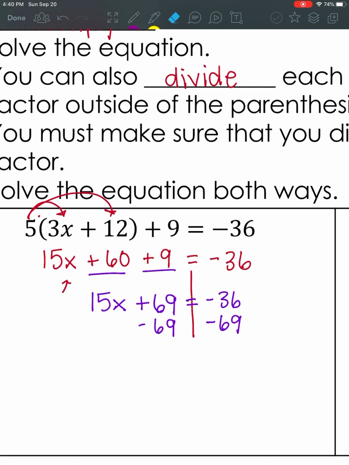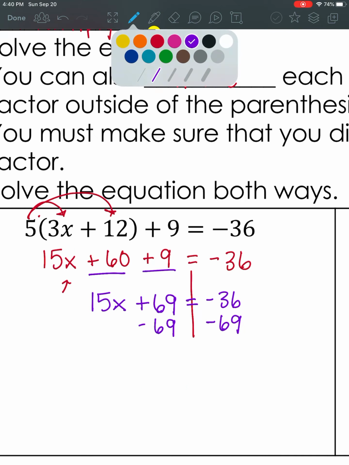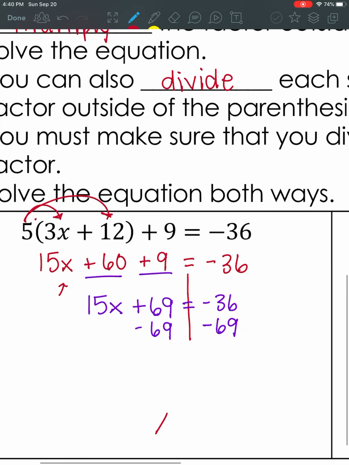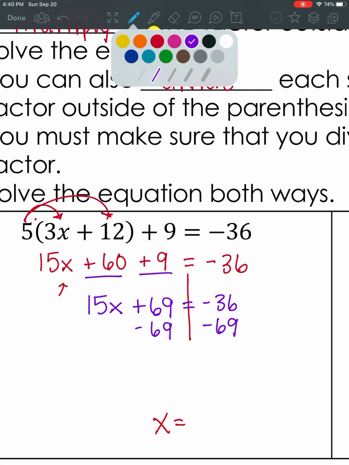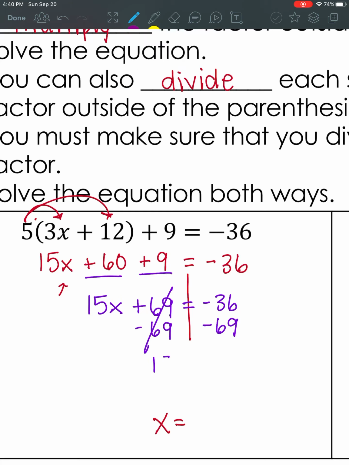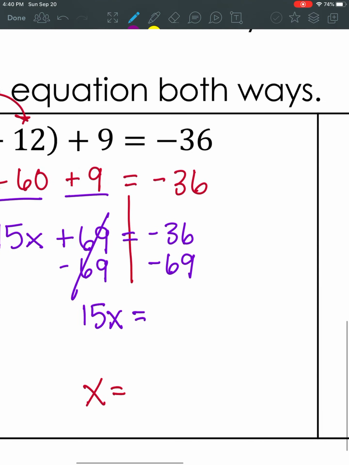Once we do that, we can solve just like our regular two-step equation. I'm going to move this x down, and there we go. Then we keep solving. So 69 minus 69, that goes away. We get 15x equals, now -36 minus 69. They're the same signs, so we're going to add them and keep the sign.